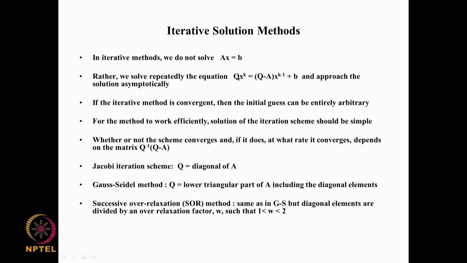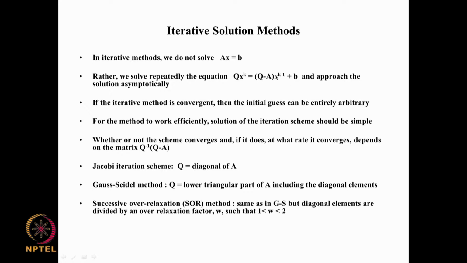the Q here is such that this equation becomes very easy to solve, and you can see that when the solution is converged, that is when x^k is almost equal to x^(k-1) or when it is equal to x^(k-1), then Qx^k equal to Qx^(k-1) minus Ax^(k-1) plus b.